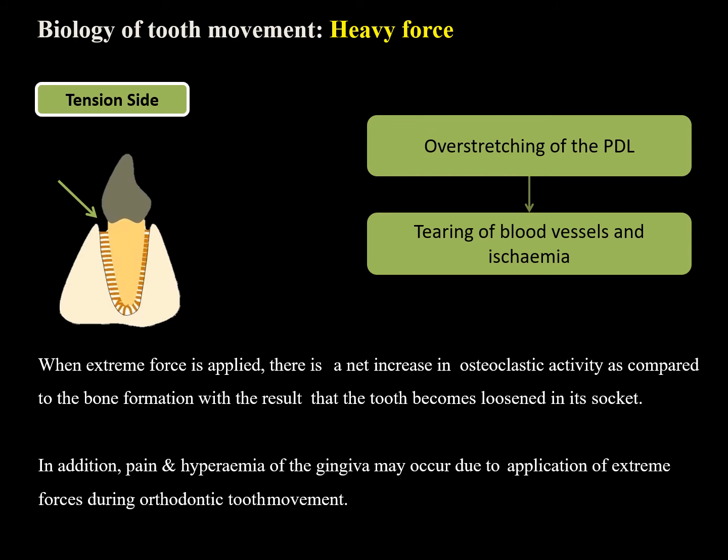So this will eventually result in loosening of the tooth within its socket. In addition, you can also see some secondary clinical features such as pain and hyperemia of the gingiva when a particular heavy force is applied to a tooth.